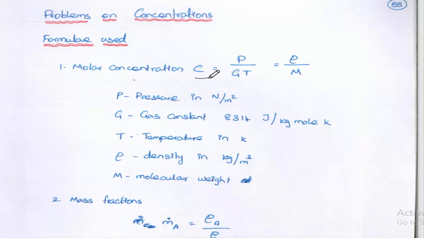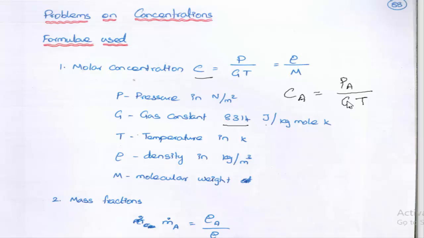So the first one is molar concentration equal to pressure of the component. If I want to find out C_A here, you can write pressure of component A divided by universal gas constant, 8314 joule per kg mole Kelvin or 8.314 kilojoule per kg mole Kelvin, into temperature, which should be substituted in Kelvin.